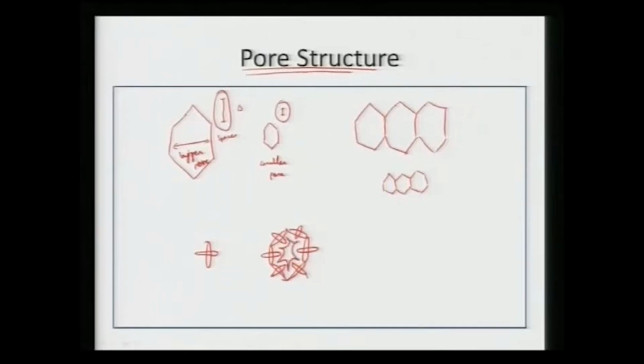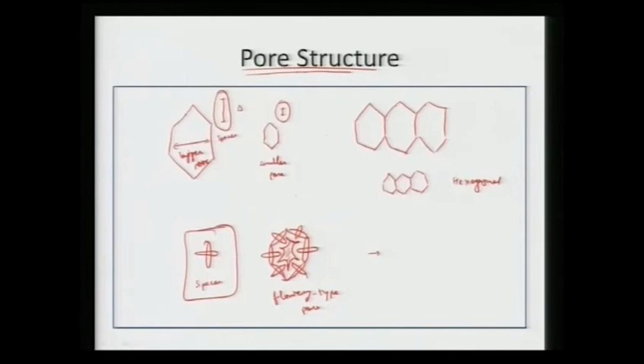Just by changing the geometry of our spacer, we can control this. If we had a hexagonal, very symmetric pore, in this case we get more of a flowery type pore. And again the thickness and the diameter of this pore can be altered depending on the spacer geometry.